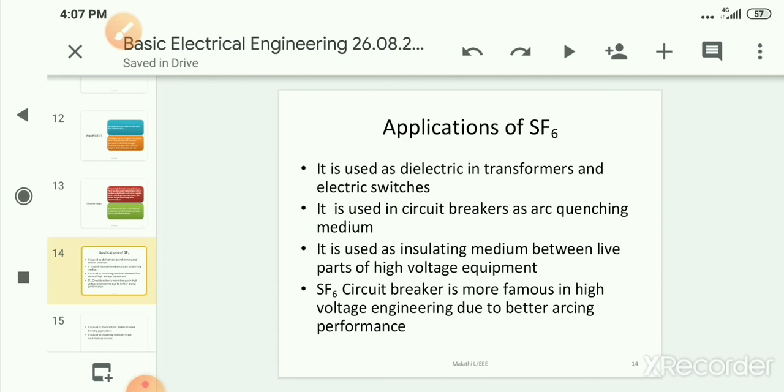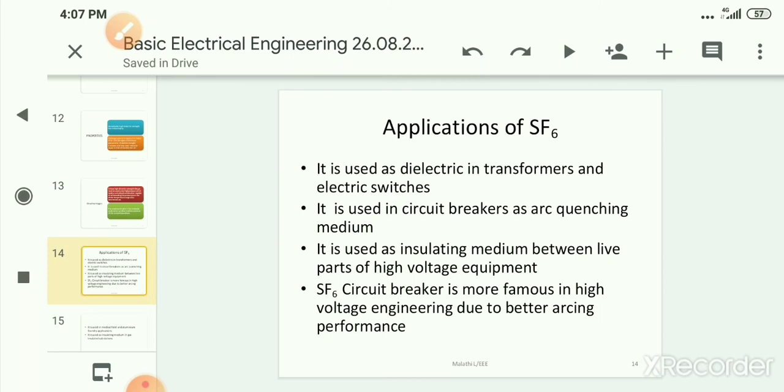But sulfur hexafluoride has this feature, right? It is an insulating medium between live parts of high voltage equipment, so small space is needed. That small space is enough.